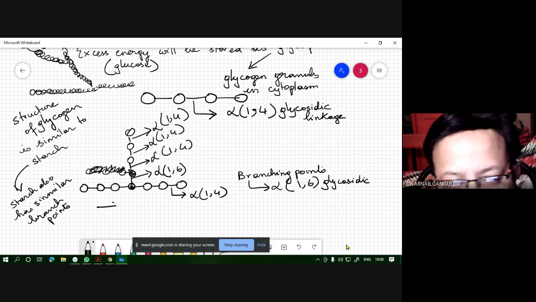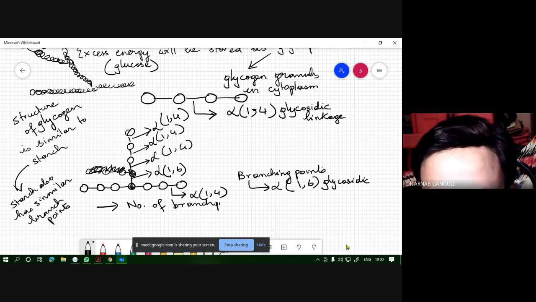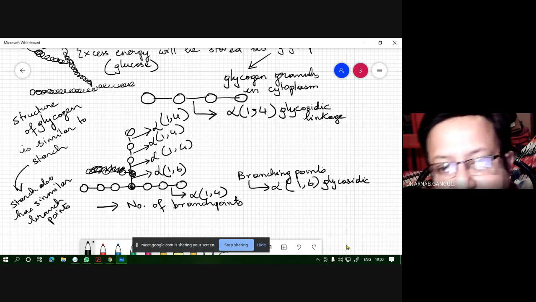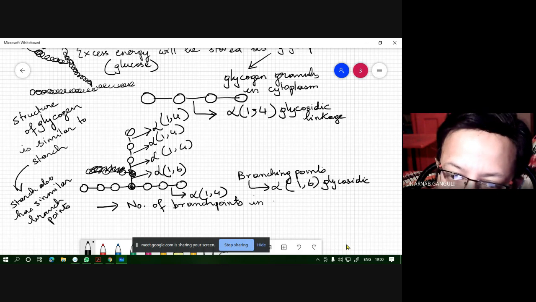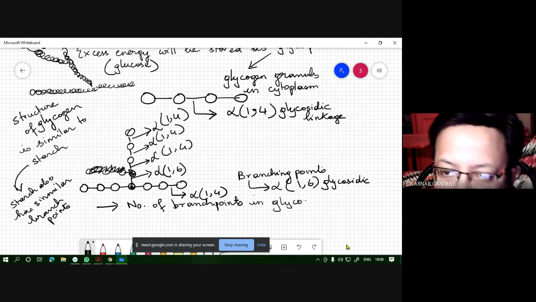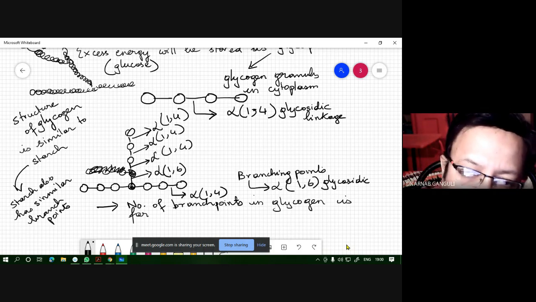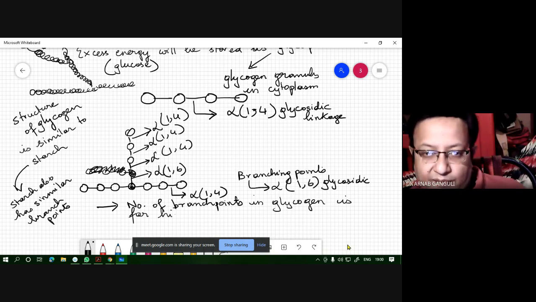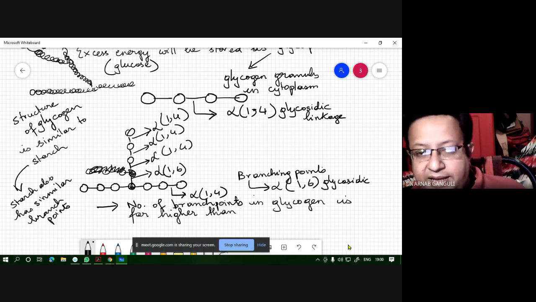But there are two differences. The number of branch points in glycogen is far higher than that of starch.